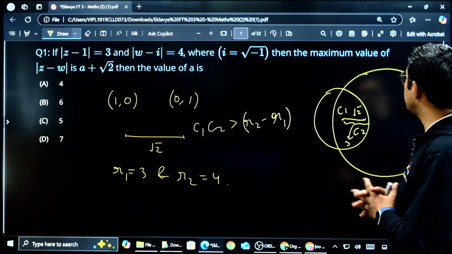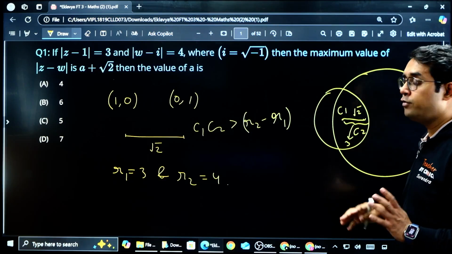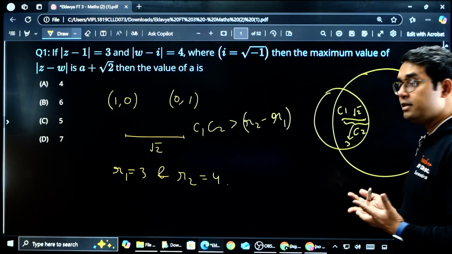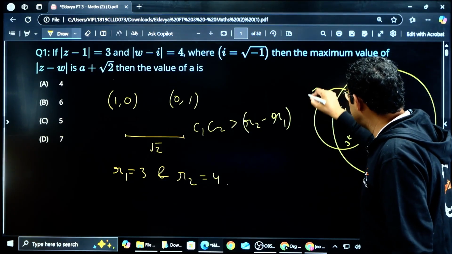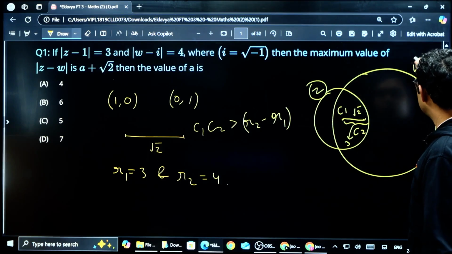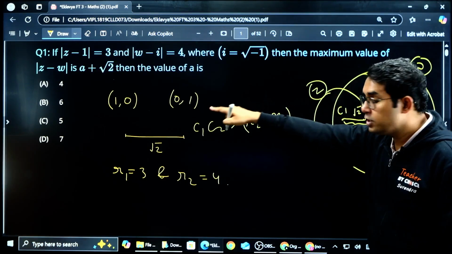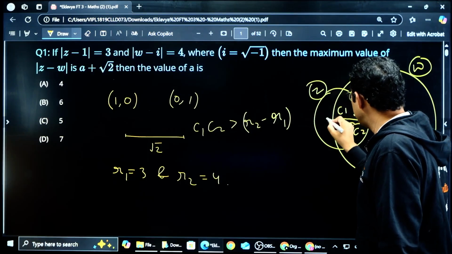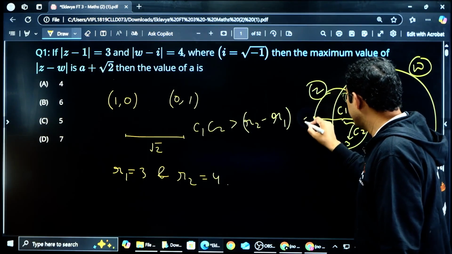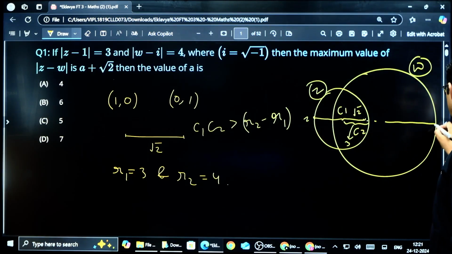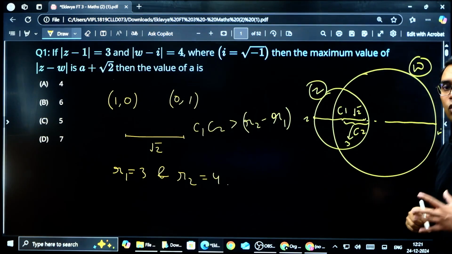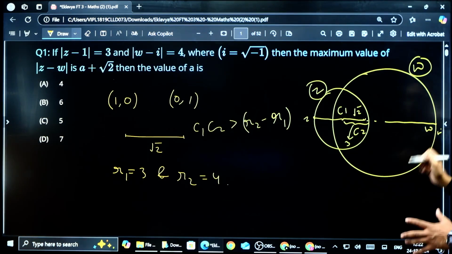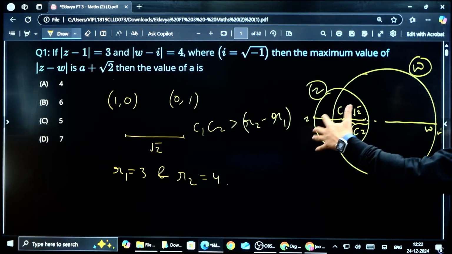Now, what is the question next? They're asking for the maximum value of |z − w|. Because this is the locus of z and this is the locus of w, with C1 at (1, 0) and C2 at (0, 1), the maximum value will be when we choose z here and w here, so that they lie on the line joining their centers and are far apart.